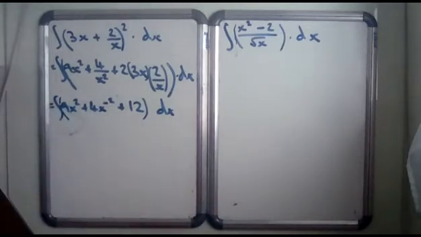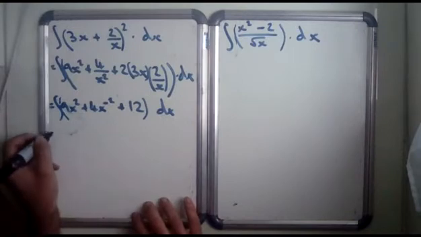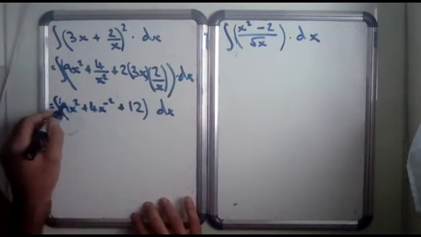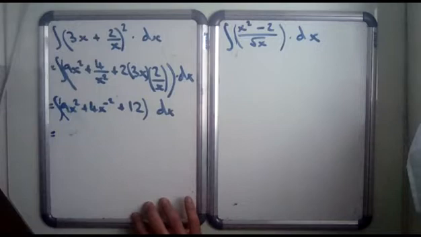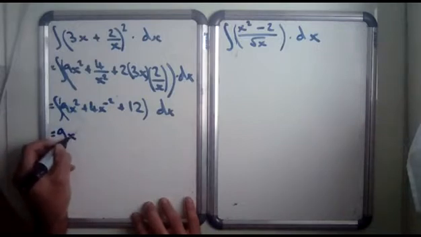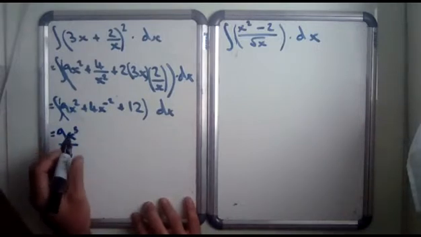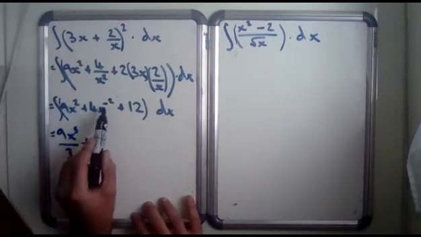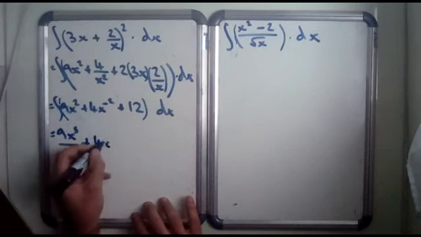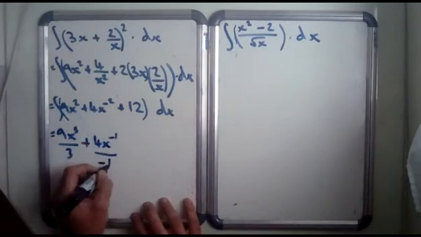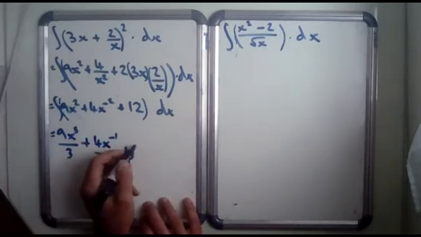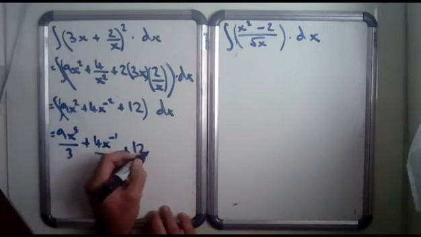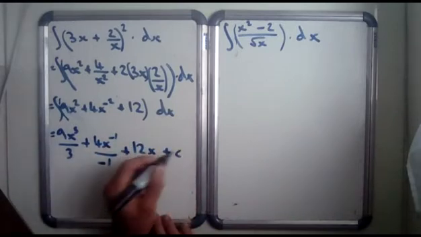So then you can proceed to use what you know about polynomials, so this is going to be 9, leave the 9 as a constant, x cubed over 3, so 9x cubed over 3, we'll tidy it up later, plus, leave the 4, raise the power by 1, so minus 2 will go to minus 1, so x to the minus 1 over minus 1, tidy it up in a minute, plus, well, 12 integrates to 12x, plus the constant of integration.